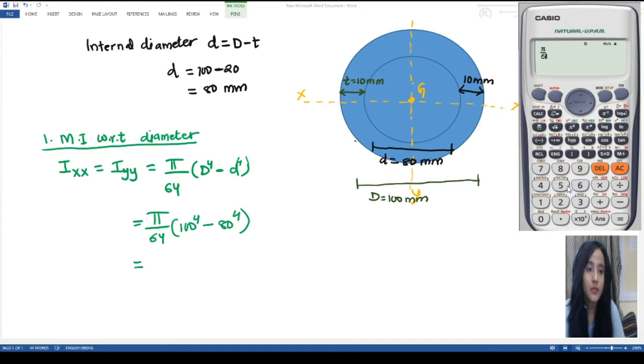Pi by 64 into 100 raised to power 4 minus 80 raised to power 4.